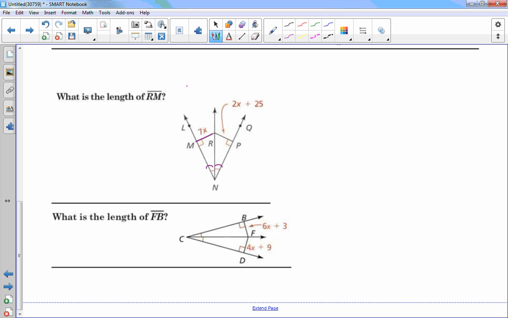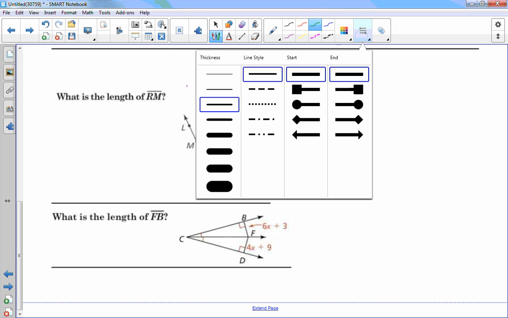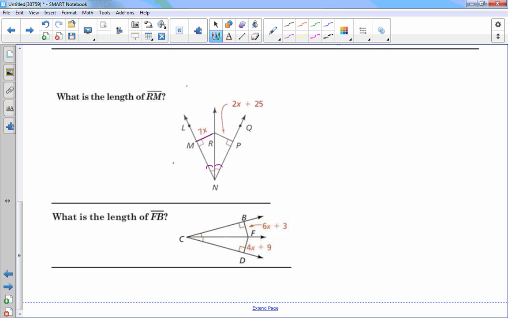So we use the angle bisector theorem, which says any point along this angle bisector is equidistant. So that distance to this distance are congruent. But we have a point there, that point R. So this distance to this distance, perpendicular to both sides, have to be what?